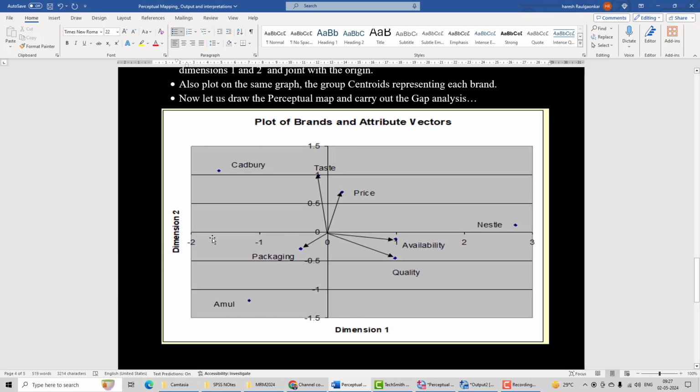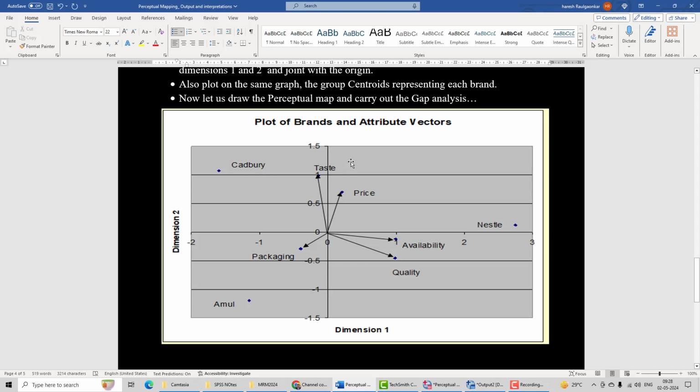Now, if Cadbury wants to improve its quality and undertakes some changes in its products, as well as designs its campaign to promote that they are a quality brand, so basically they are trying to move Cadbury's position from here to somewhere in the first quadrant, right? So the best position will be ahead here, so that they are ahead on quality more than Nestle, as well as they maintain their leadership in taste and price, right?